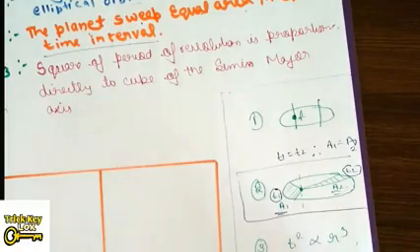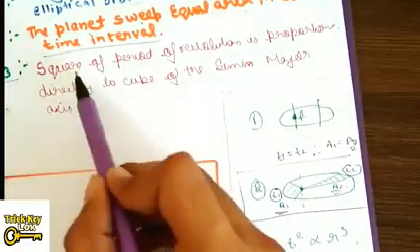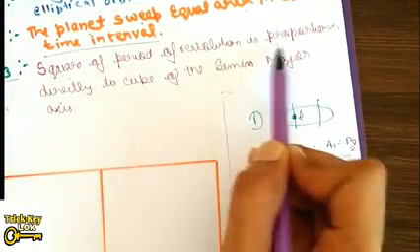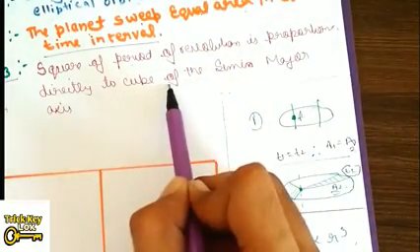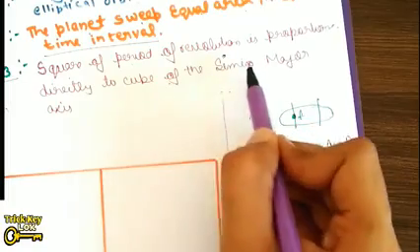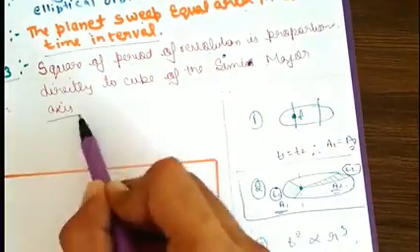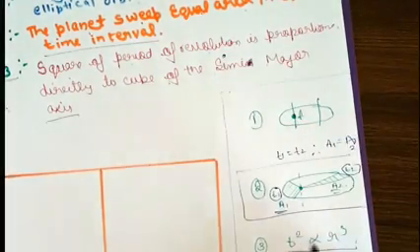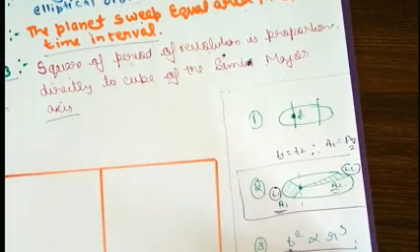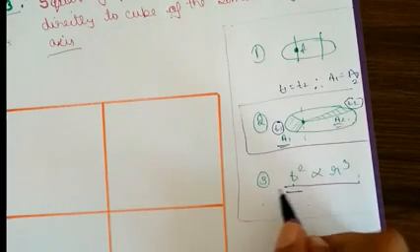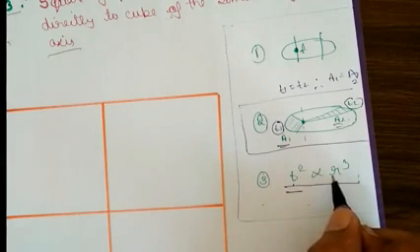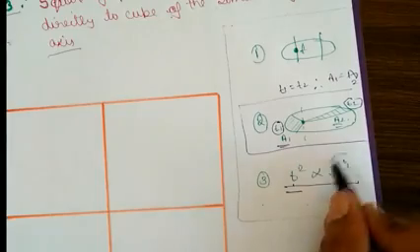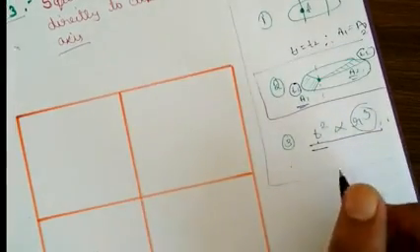Now coming to the third law of Kepler. The square of the period of revolution is directly proportional to the cube of the semi-major axis.